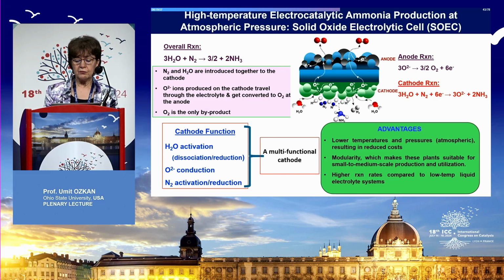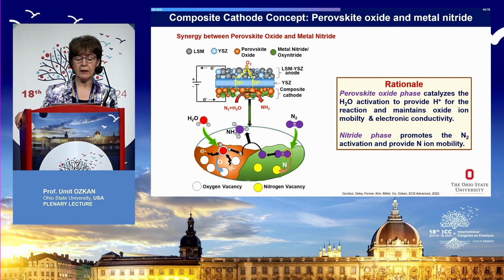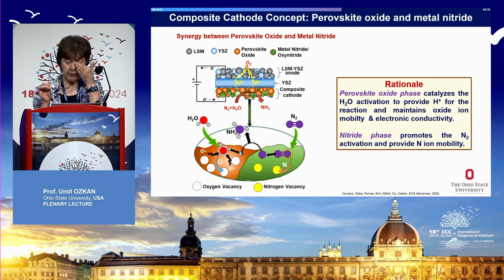So first we thought, how about if we introduce a composite cathode concept? Rather than trying to find just one material which will do both, we're going to have both a perovskite and a nitride phase. Perovskite oxide will do the water electrolysis, and the nitride phase will promote the nitrogen activation and provide the nitride ion mobility.